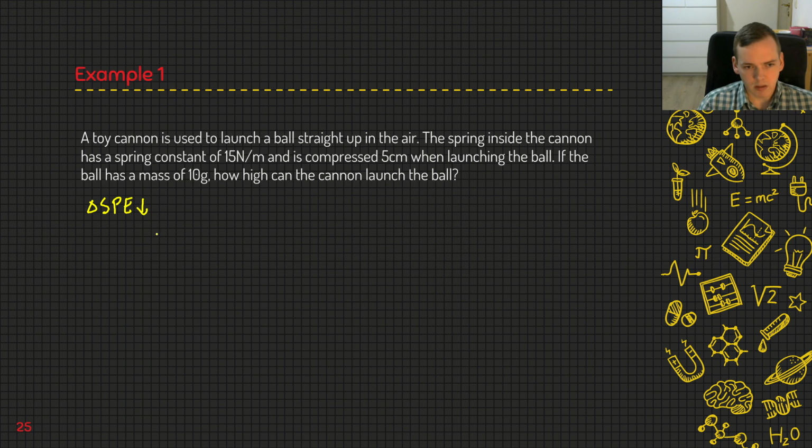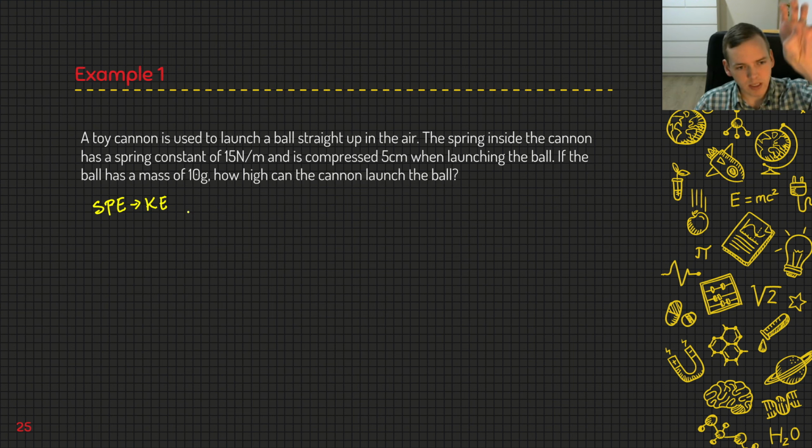Spring potential energy is where we store energy initially. Then that energy is going to become kinetic energy as it launches the ball. But now as the ball goes up, it's going to lose kinetic energy, and that kinetic energy is going to become gravitational potential energy.